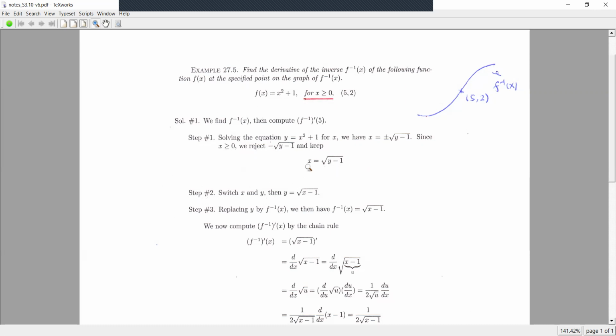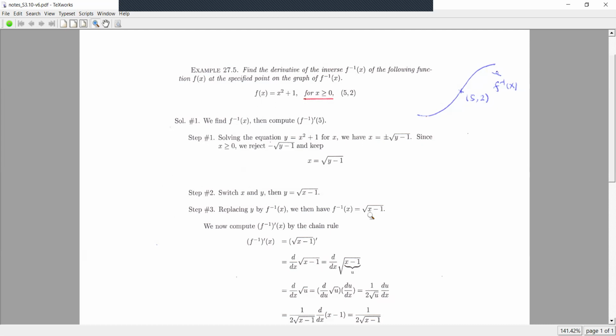Step 2, switch x and y in this equation. Then we have this equation. Step 3, replace the y here by f inverse. Then we have the inverse function is square root of x minus 1.